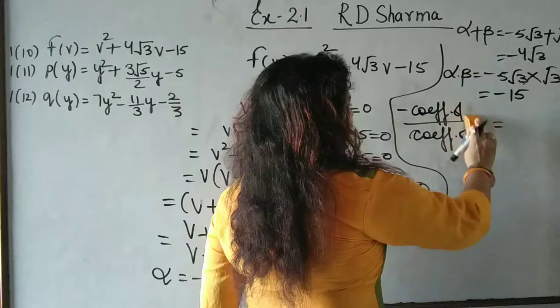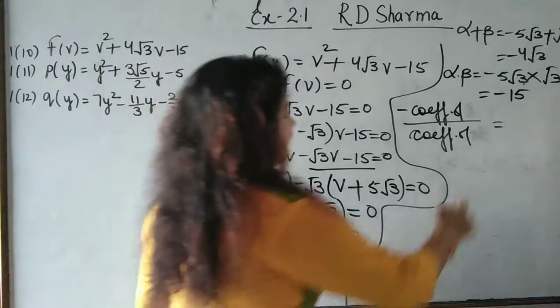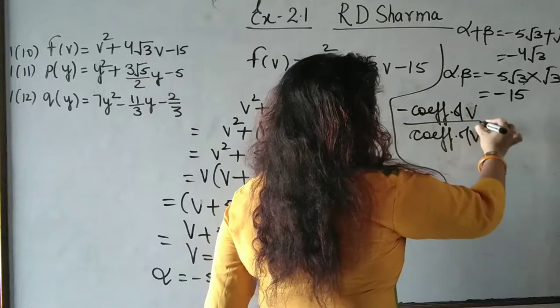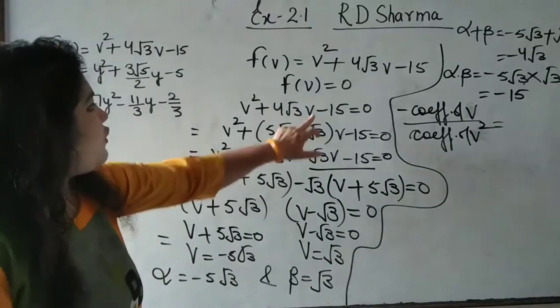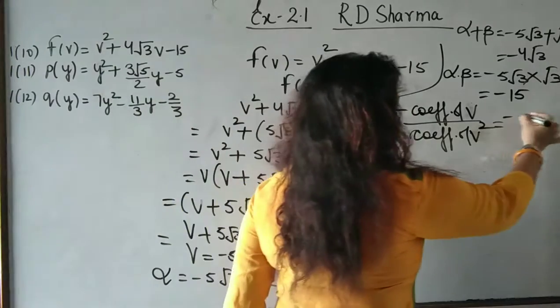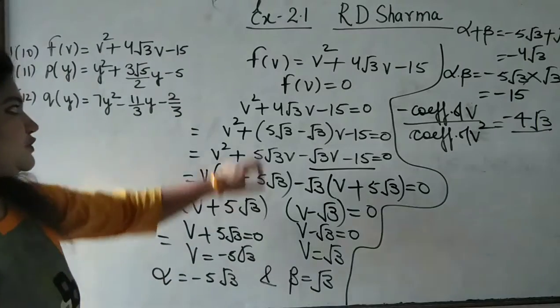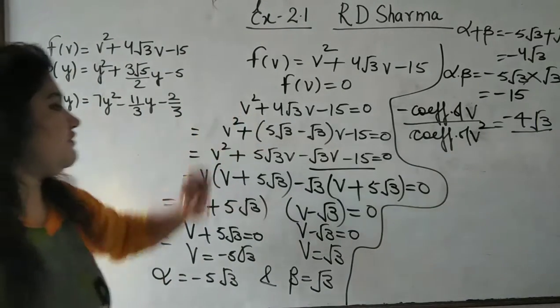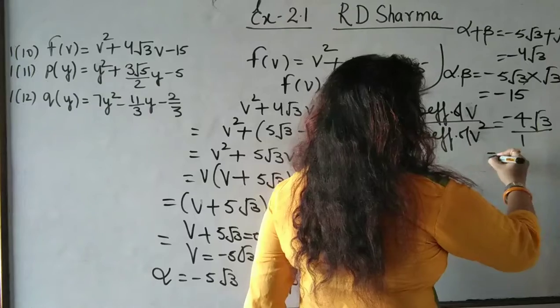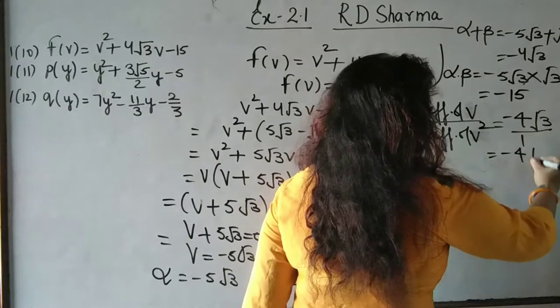Because our polynomial is in the variable v. So we will write minus coefficient of v upon coefficient of v square. So coefficient of v, this is 4 √3 and minus is there, -4 √3. Okay, upon coefficient of v square. What is the coefficient of v square? 1. So -4 √3 upon 1, that means -4 √3.